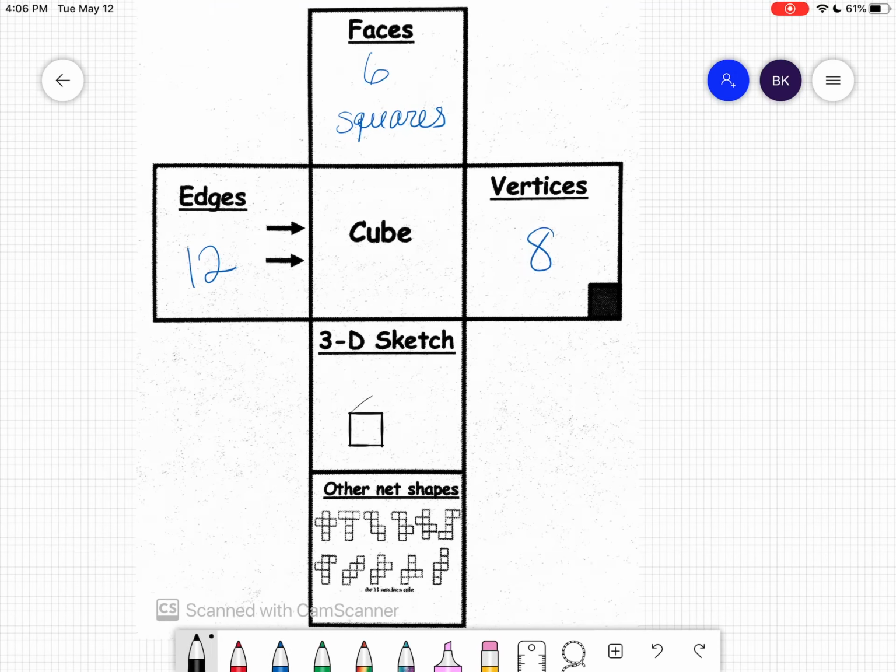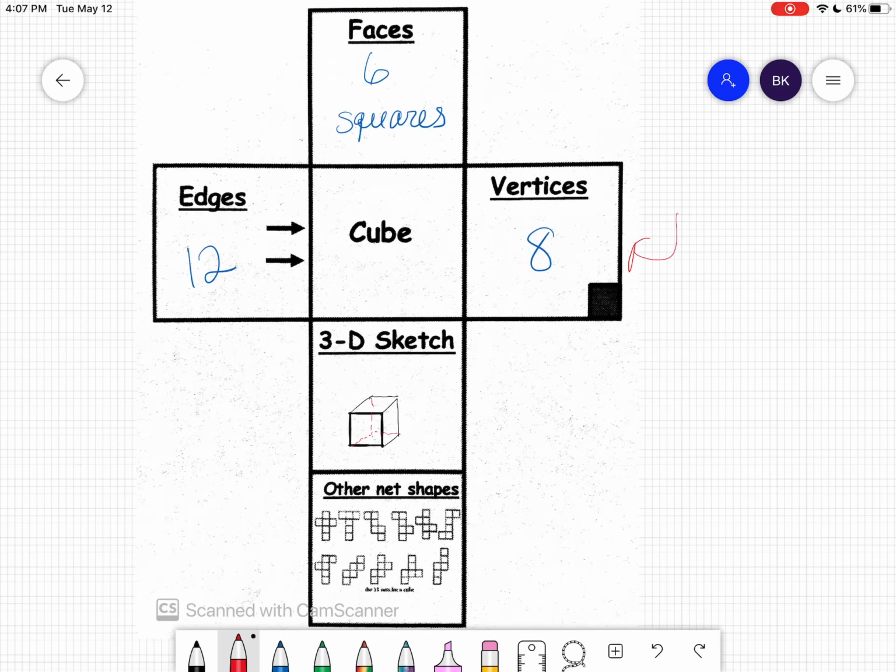And let's do a 3D sketch. So first draw a square and then do 1, 2, and 3 diagonals. We're going to connect to this one and this one. And then we're going to drop down dotted lines and create that depth. Okay?